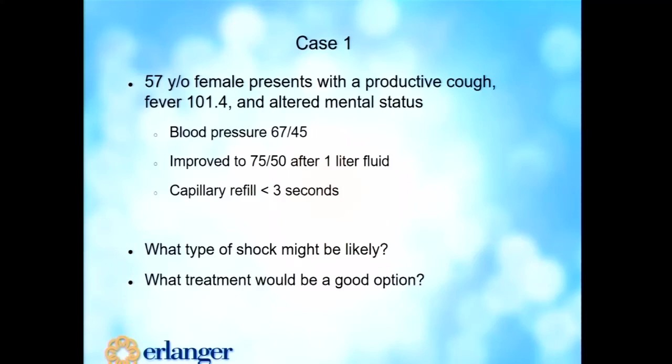We gave a little bit of fluid, 1 liter. More fluid, yeah. Fluid's always good. 30 mL per kilo is ideally what you want to get to. I don't know a lot of people for whom 1 liter would be 30 mL per kilo. That's a pretty small person. And then after the volume resuscitation, what's your next move?